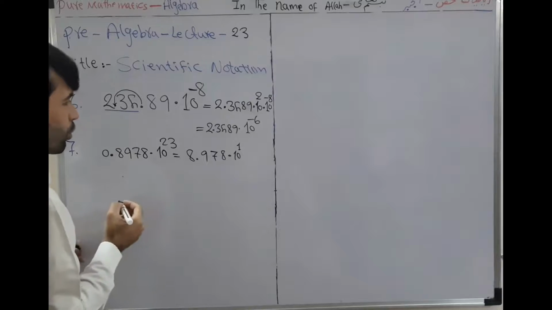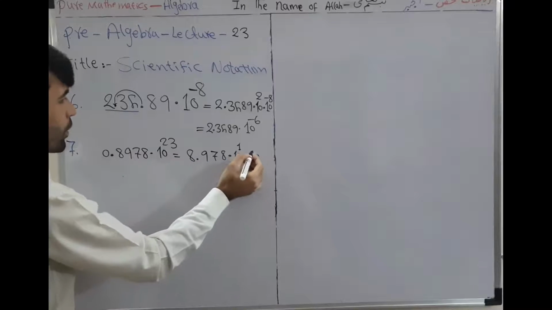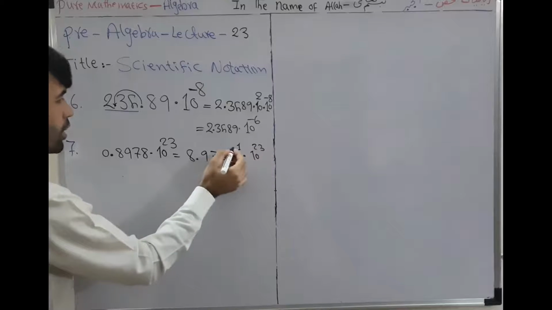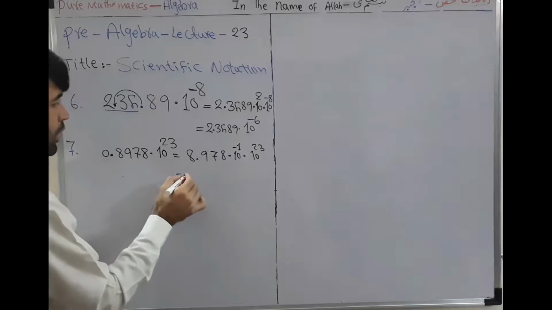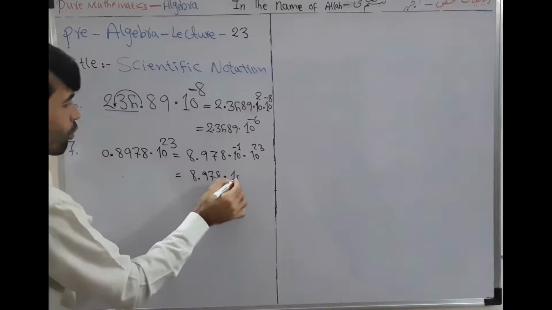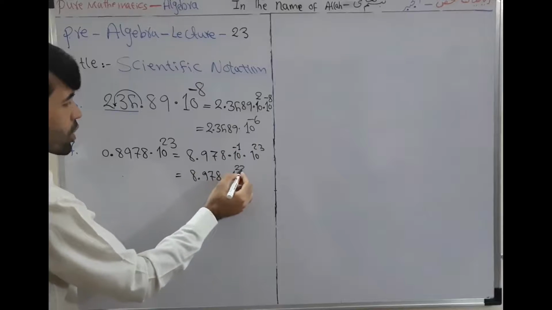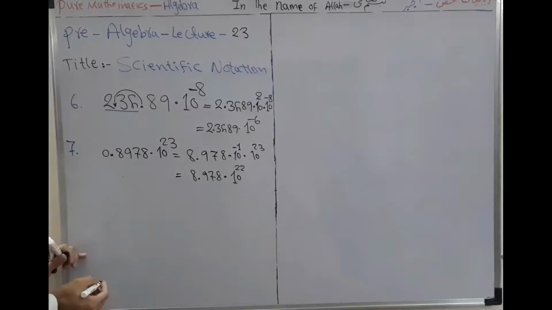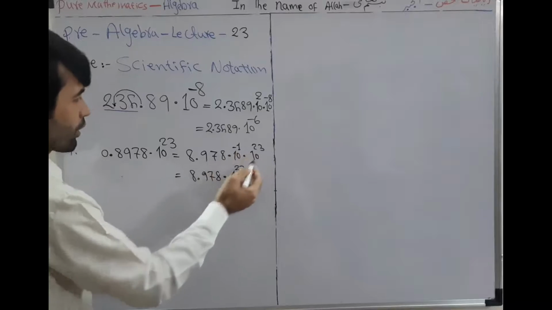It will become 10 to the power 1 multiplied by 10 to the power 23. It is minus 1 because it moved to the right side. 8.978 multiplied by 10 to the power minus 1 plus 23. 22 is the summation of these two numbers.